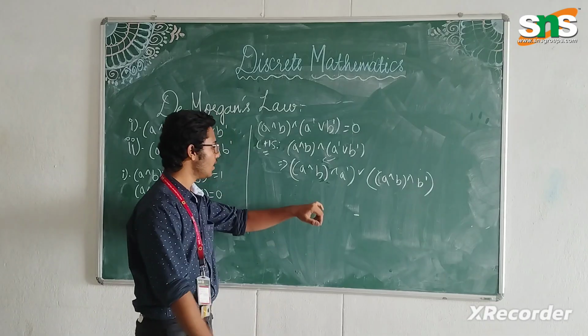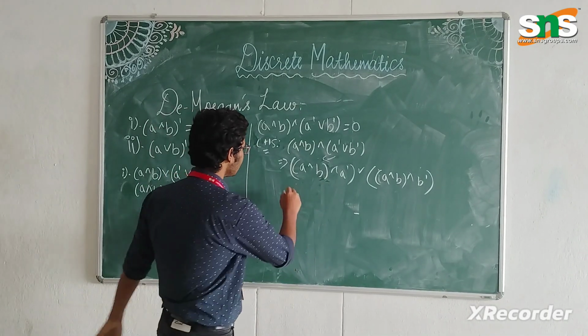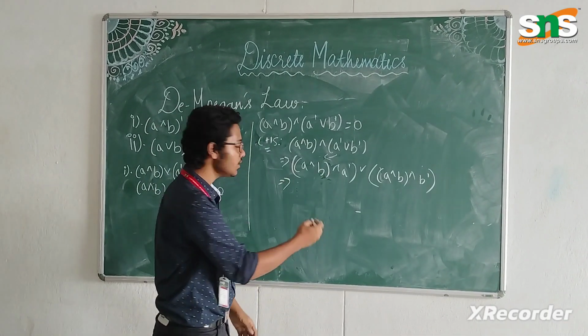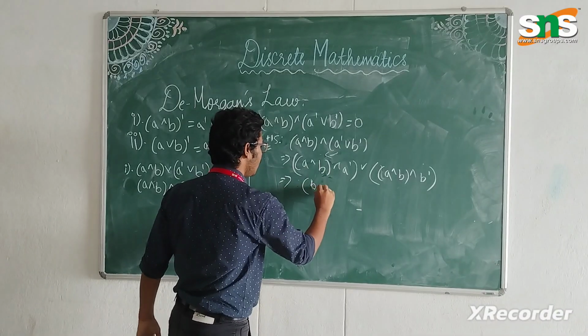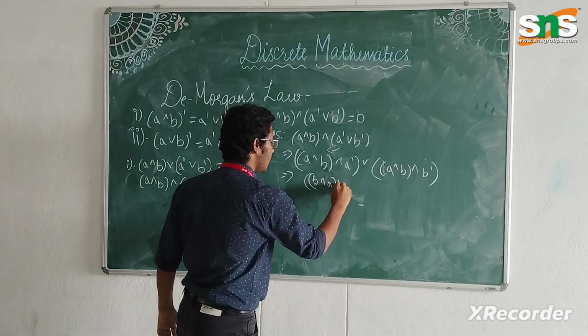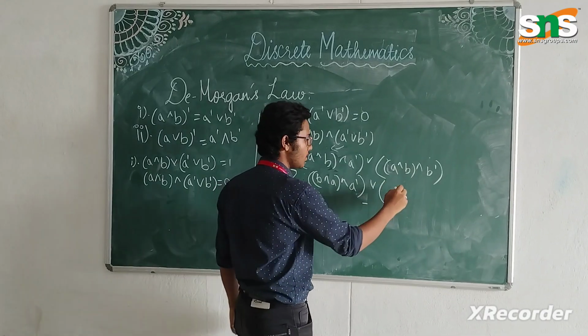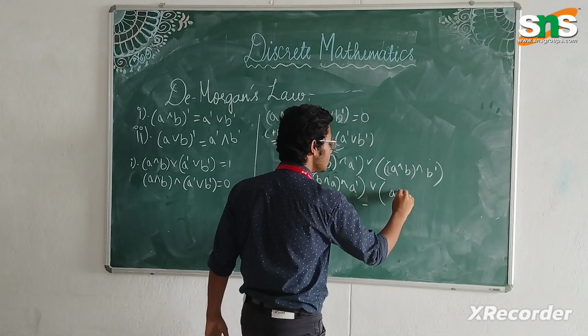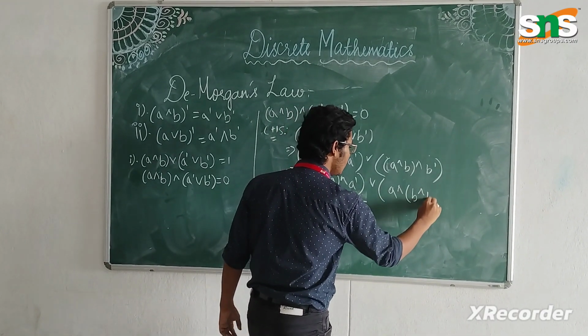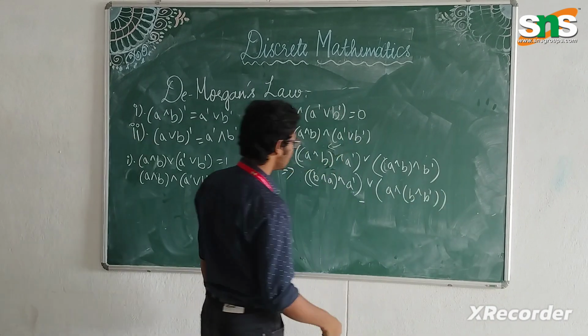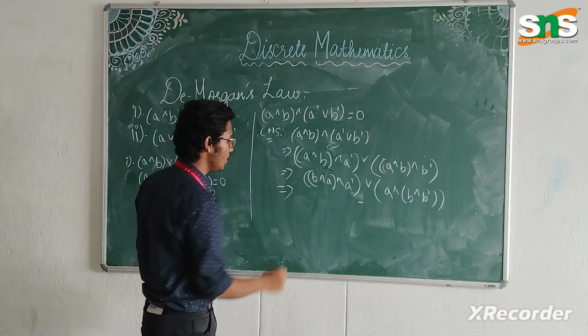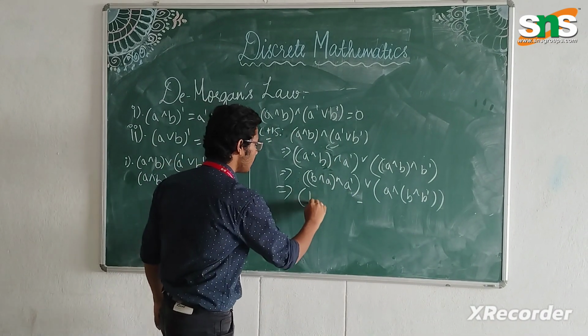We are interchanging A and B, so B and A bar or, by changing the brackets, B and B bar. So B and A bar or A and B and B bar.